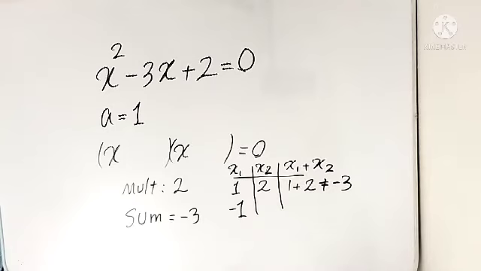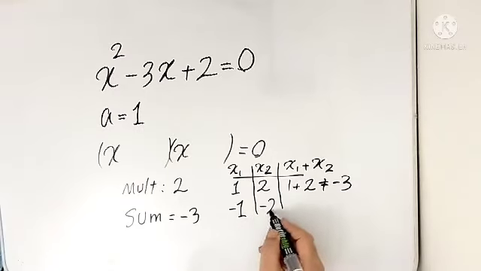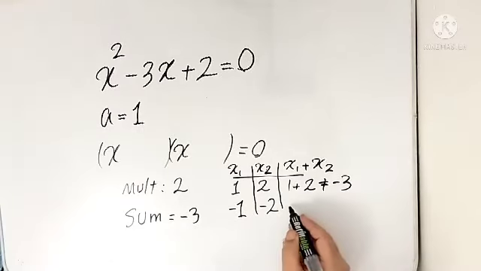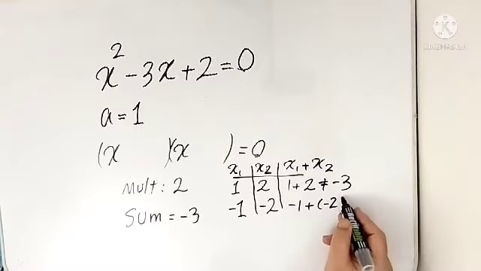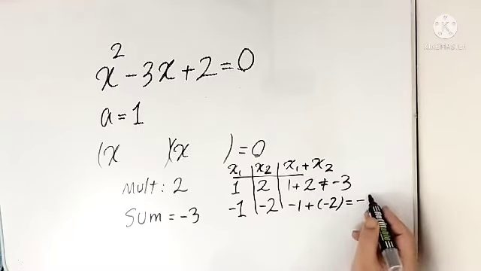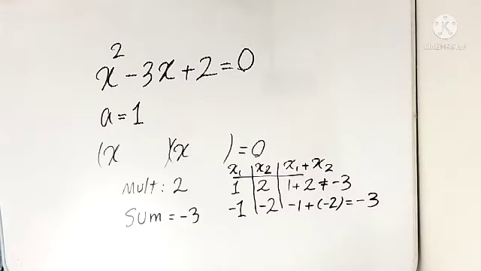Other numbers that multiply to 2 are -1 and -2. The sum of these numbers is -3. Then -1 and -2 are the numbers that we want.